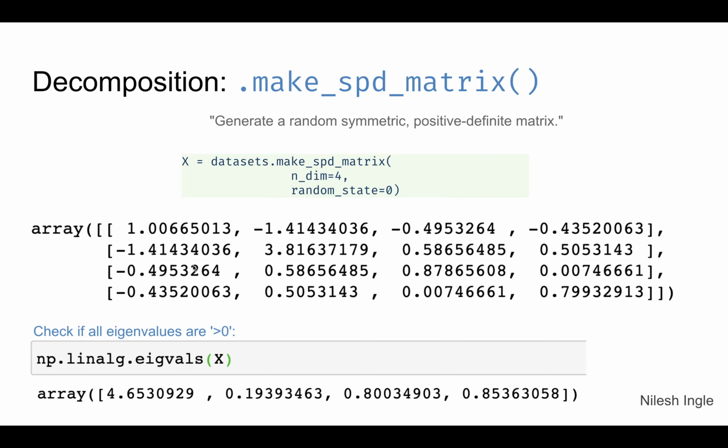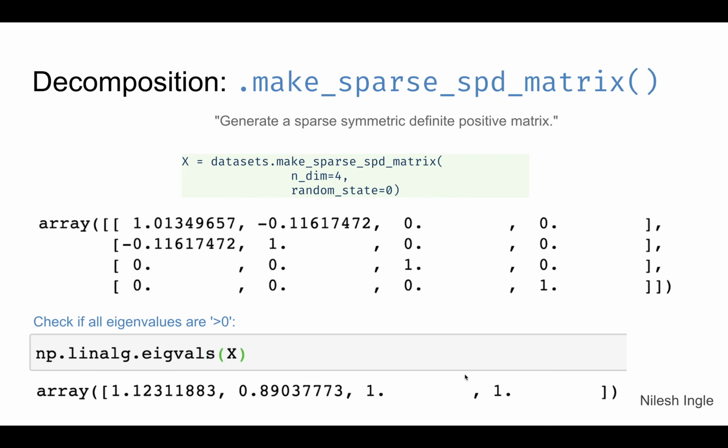To check if that's positive definite, we can look at the eigenvalues by typing this command, np.linalg.eigvals for x, which would be the x in this case, and we see that all of them are greater than 0. Similar to this, there is another command which creates a sparse symmetric positive definite matrix, make_sparse_spd_matrix, shown right here. Again, we can check the eigenvalues are positive.